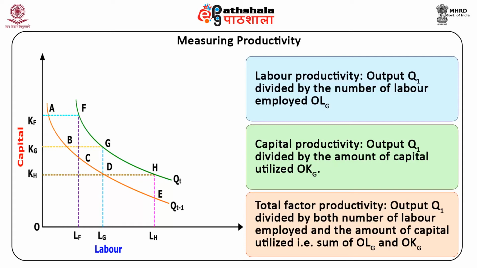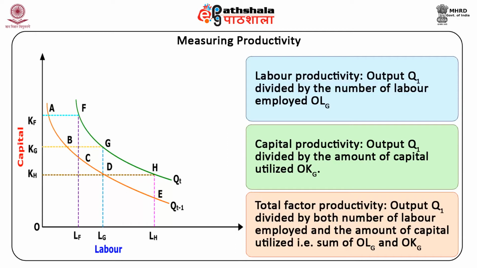If the firm moves from G to any point between B and D on the new isoquant, single factor productivity would provide an unambiguous indicator of improved performance. Point B represents an increase in labor productivity with unchanged capital productivity, whereas point D represents an increase in capital productivity with unchanged labor productivity. Only at point C, lying between B and D, have both labor and capital productivity increased.